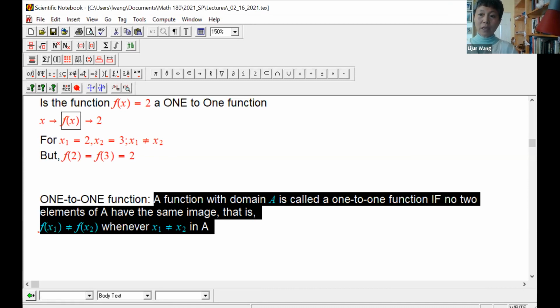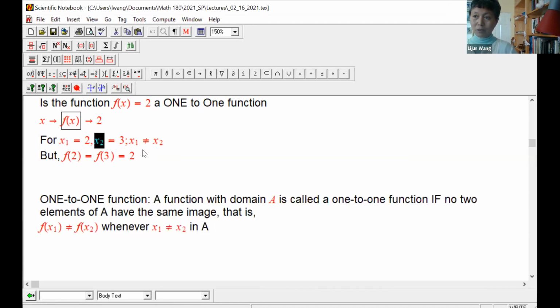You don't have to use the same inputs I use here. As you said, there are many more. But you must point out, okay? And here you say whenever x1 is not x2, their output must not be the same.